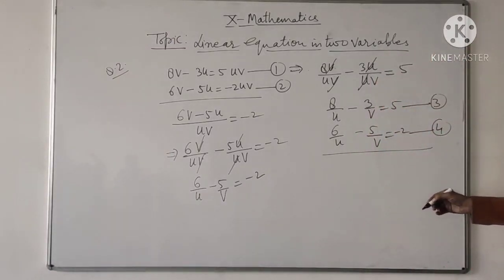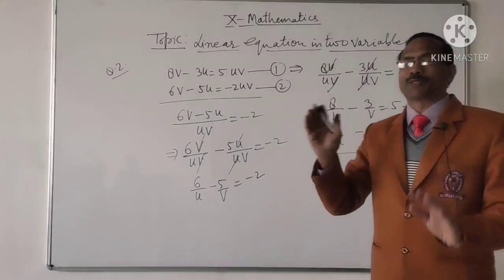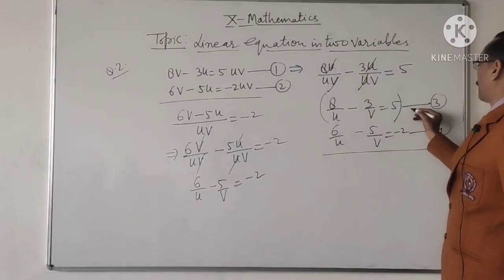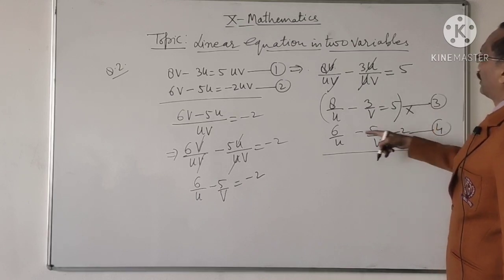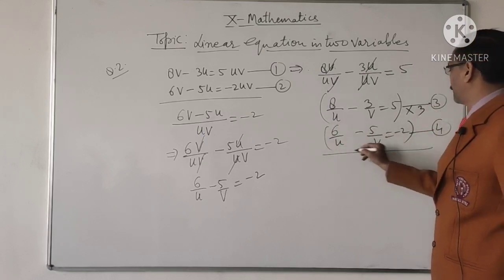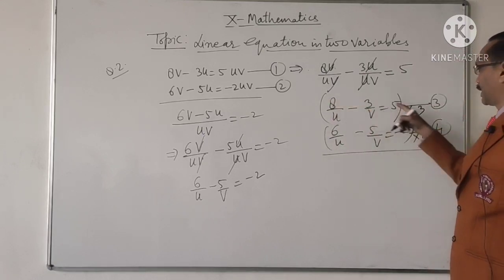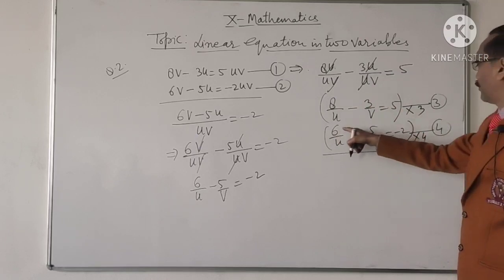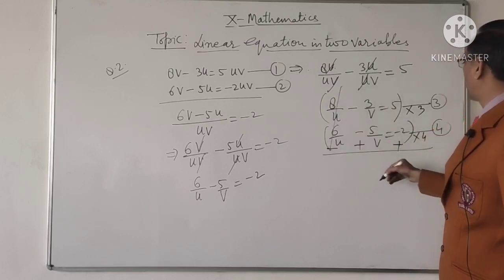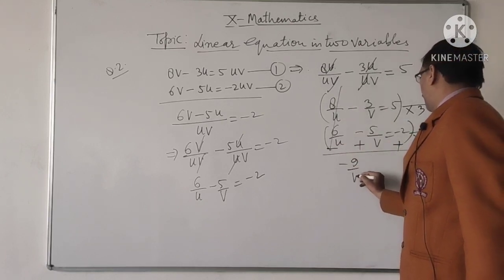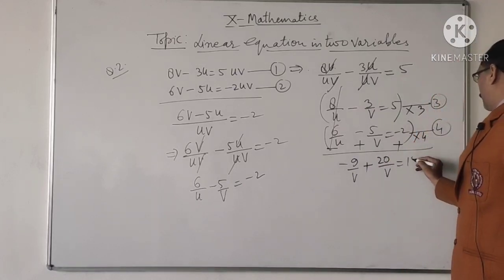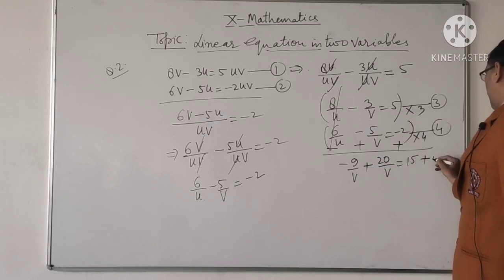Now, to simplify the equations, first of all we will make the coefficients equal. So multiply this equation by 3 and this by 4. 8 times 3 is 24, 6 times 4 is 24. Then subtract: minus, plus, plus. It cancels out. So minus 9 upon v plus 20 upon v is equal to 15 plus 8.